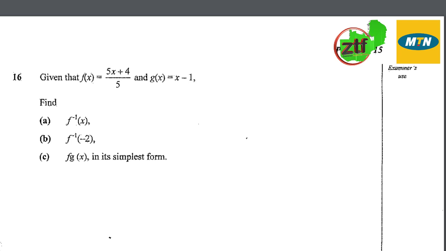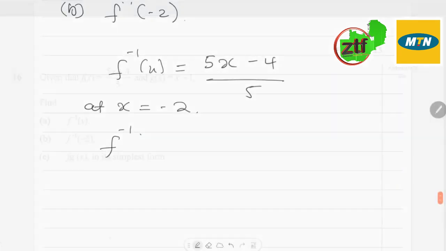So we already found that the function f inverse of x is given by 5x minus 4 over 5. That is the inverse of the function f of x. Then at x is equal to minus 2, f inverse of x.